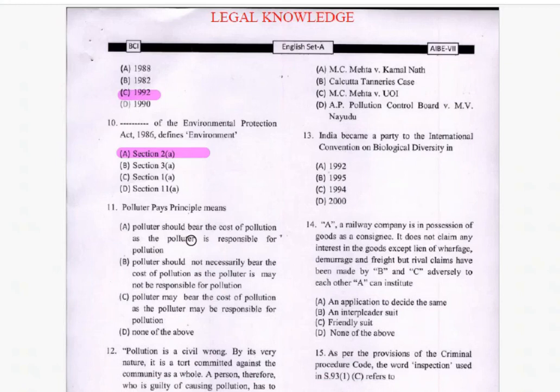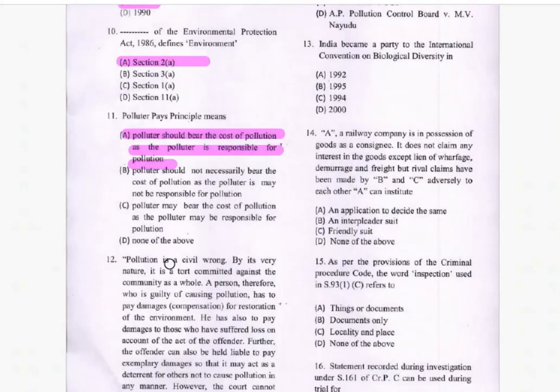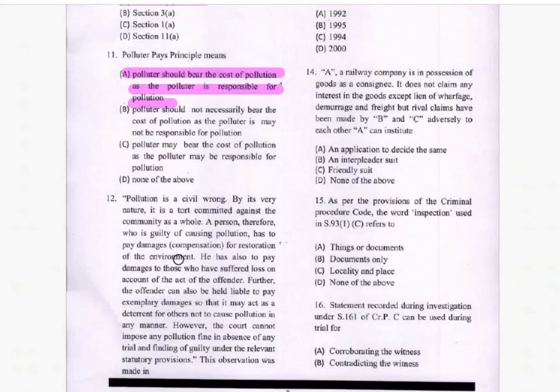Polluter pays principle means polluter should bear the cost of pollution as the polluter is responsible for pollution. Right answer is A. Now, this is a rather long paragraph. Pollution is a civil wrong. By its very nature, it is a tort committed against the community as a whole. A person, therefore, who is guilty of causing pollution has to pay damages for restoration of the environment. He has also to pay damages to those who have suffered loss on account of the act of the offender.